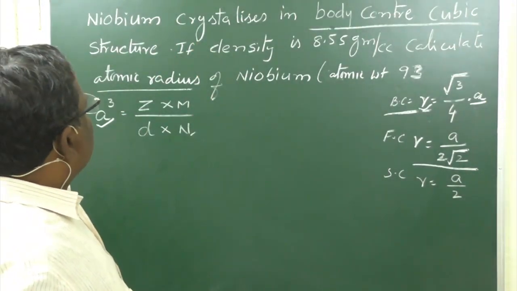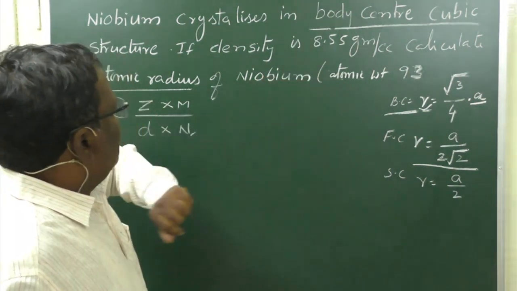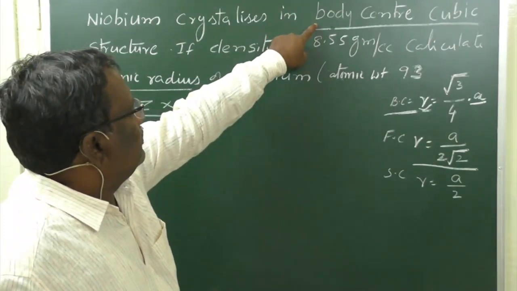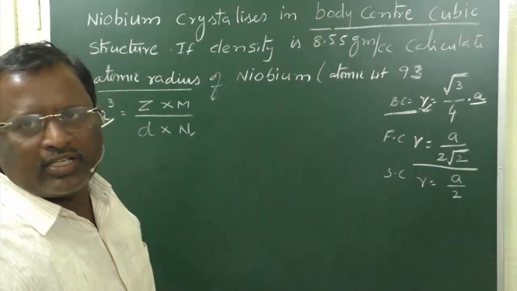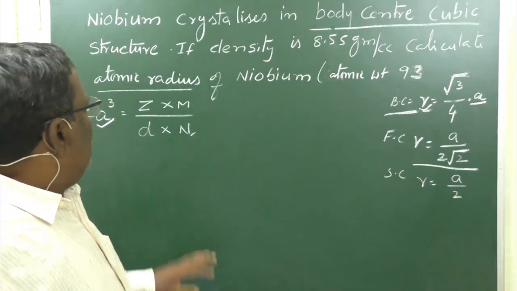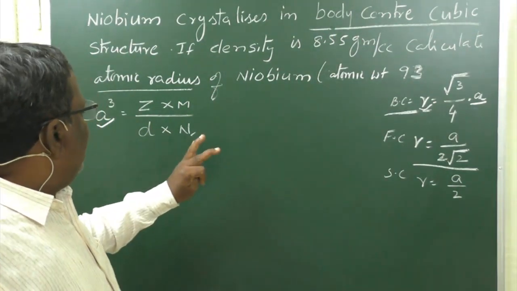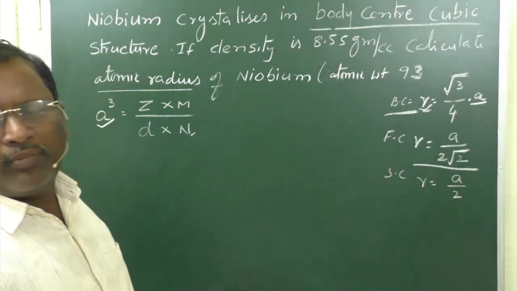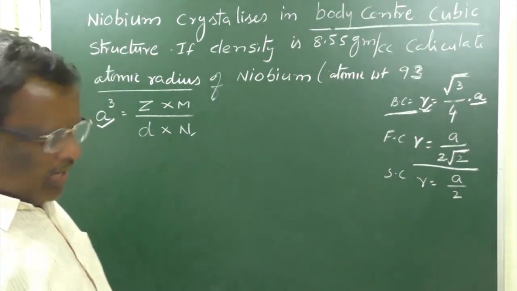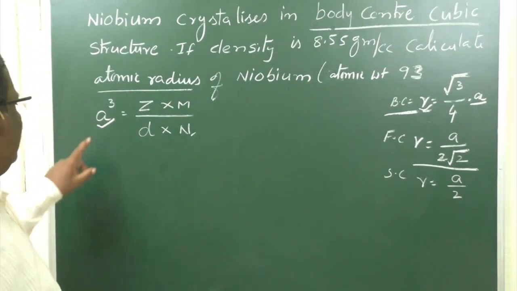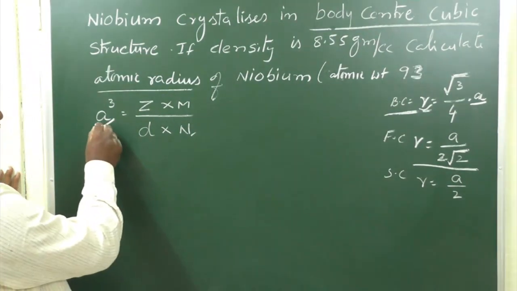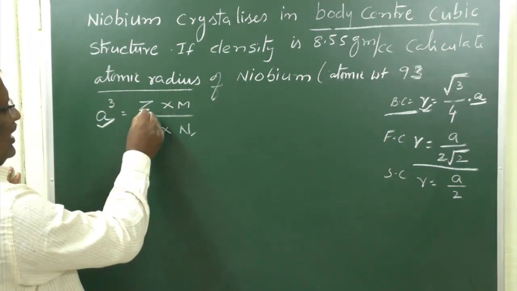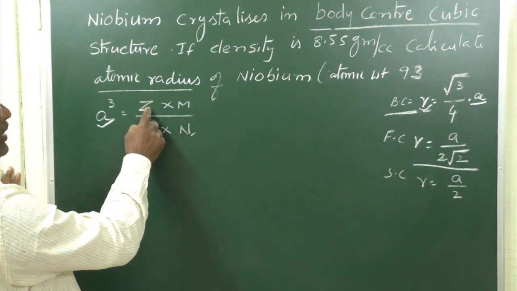The information that was given is density and atomic mass, and since it is a body center cube, we know that 2 atoms are present in a unit cell. So, they gave Z value, M value and density, and the Avogadro number is constant. So, we have a formula: A cube, or volume of the unit cell, is equal to Z into M by D into N. Z is the number of atoms present in a unit cell.